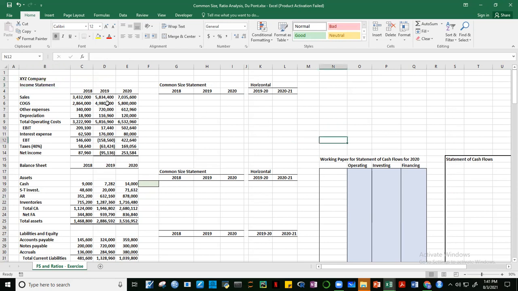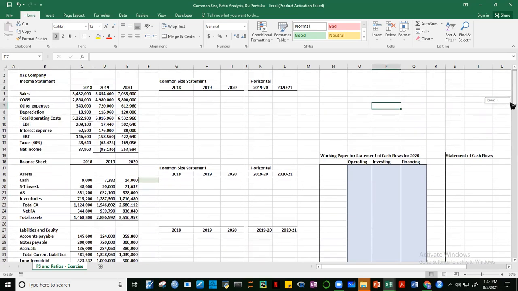Okay, meron tayong income statement. Again guys, apologies, dapat mauuna yung current year. So dapat nakapresento dapat 2020, then 2019, tapos 2018. Apologies na lang ha. So kung ma-adjust nyo, adjust na lang. Alright, so dito, meron tayong income statement, meron tayong balance sheet. Okay.